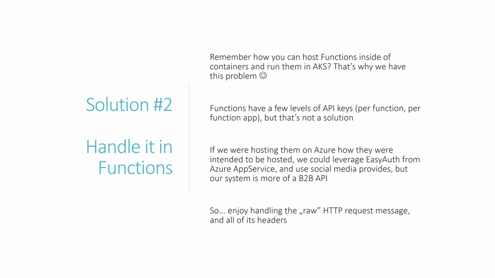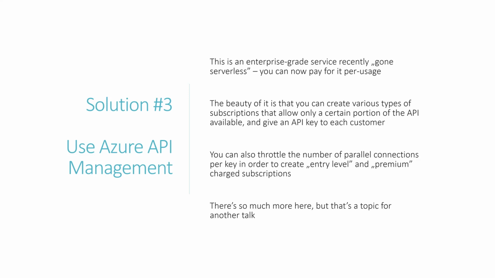Or we can perhaps find a cool library. The third solution is using Azure API Management. It's an enterprise-grade service, but it has recently gone serverless, meaning that instead of having to pay $200 per month per region, you can now pay for it per usage.